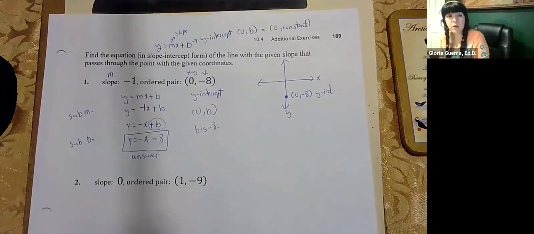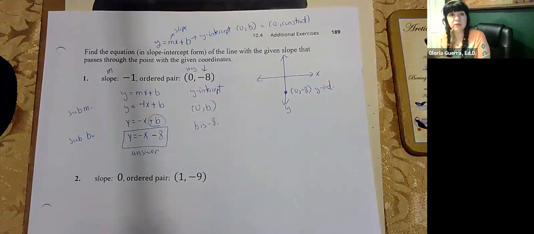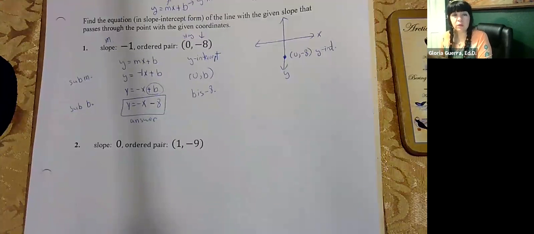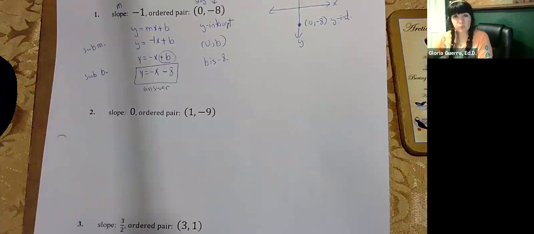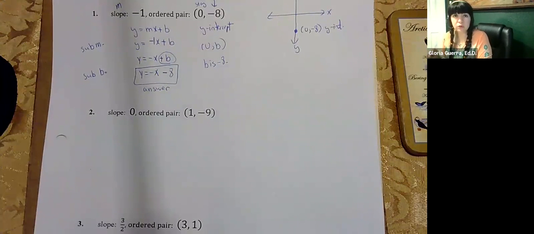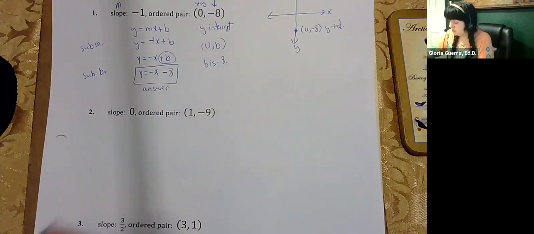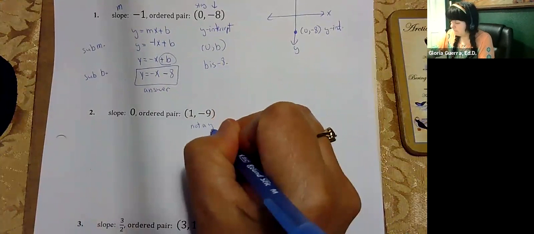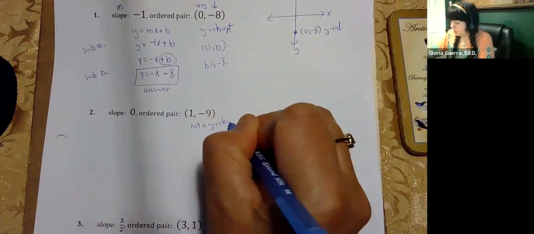Okay, now that's not going to happen with 2 and with 3 though. With 2 and 3, these points that are given, 1, -9 and 3, 1, those are not intercepts. This is not a y-intercept.